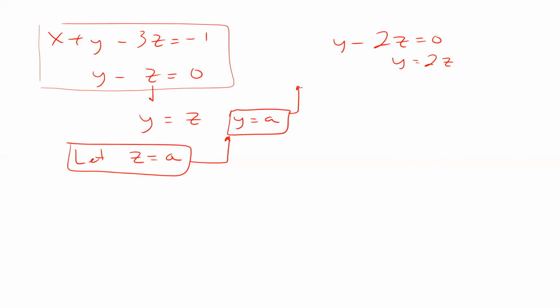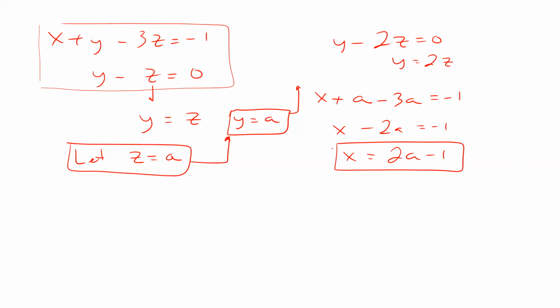What's x going to be? Well, let's see, x plus a, which is the y value, minus 3a gives us negative 1. So x minus 2a equals negative 1. Add 2a to both sides, and I like to put the positive one in front. So there's my connection there.